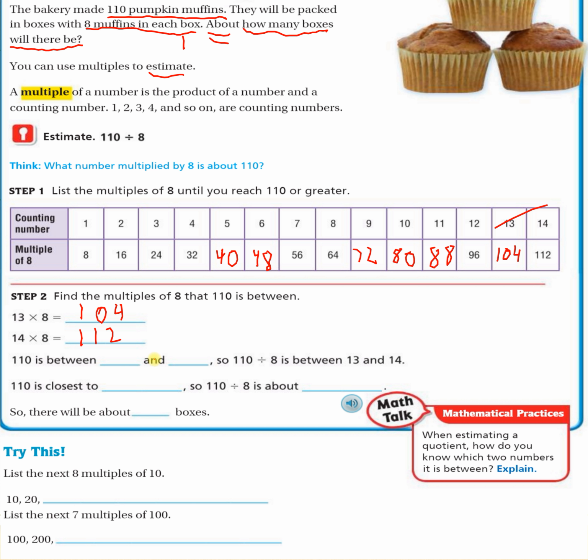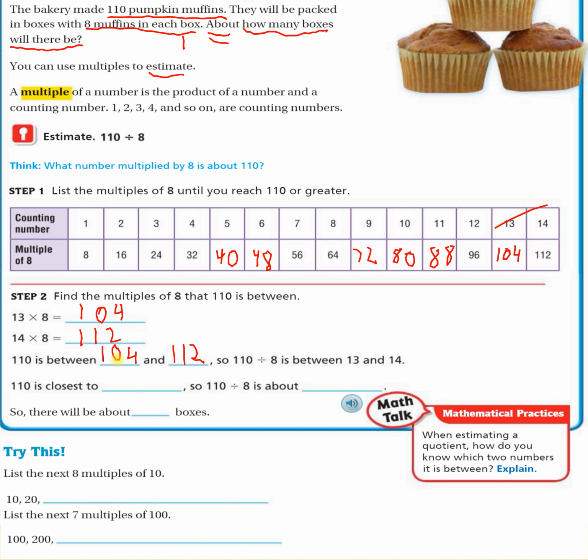110 is between blank and blank. Well, those are the two numbers we just found, 104 and 112. So 110 divided by 8 is going to be between 13 and 14. Which one of these numbers, 104 or 112, is 110 closest to?